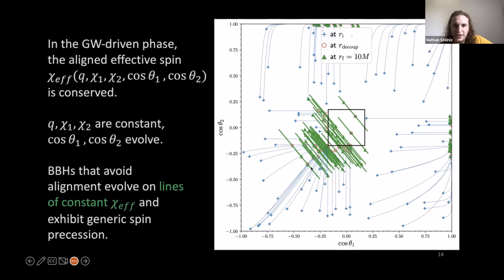And so that's why these things evolve on lines of constant chi-effective in this plane defined by the spin orientations. And the green triangles show the actual spin orientations at 10 M, which basically shows the effect of the gravitational wave emission serves to kind of blur those subpopulations that we just talked about.